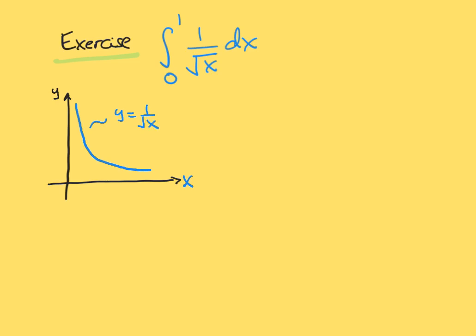So we're going to integrate up to x is 1, and this is an improper integral because as x approaches 0, we are dividing by the square root of 0, so it's going to be approaching 1 over 0. So this is an improper integral, and the integral corresponds to this area here.